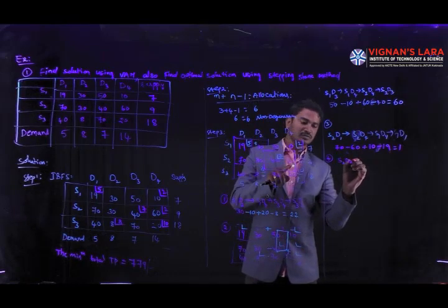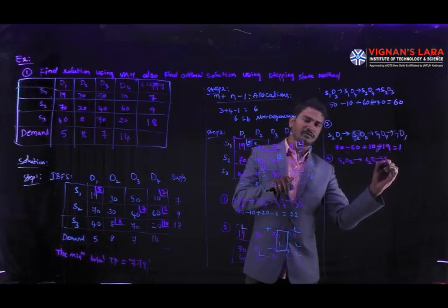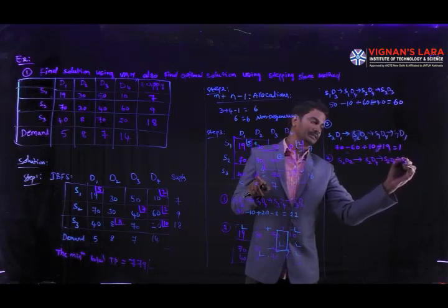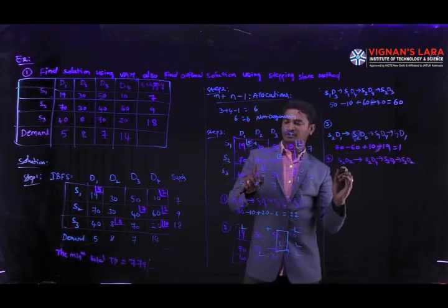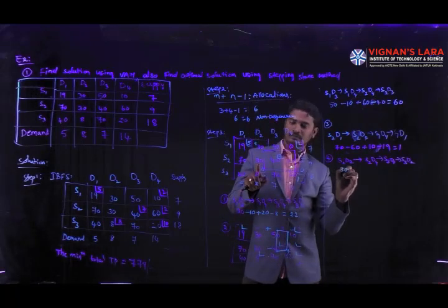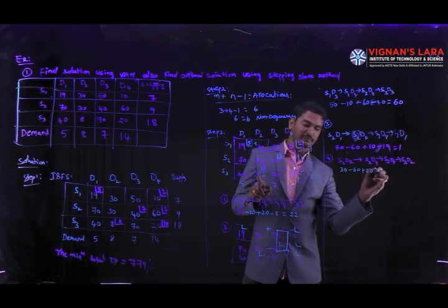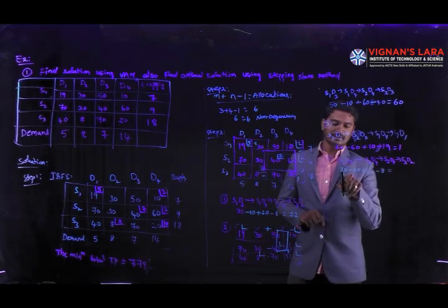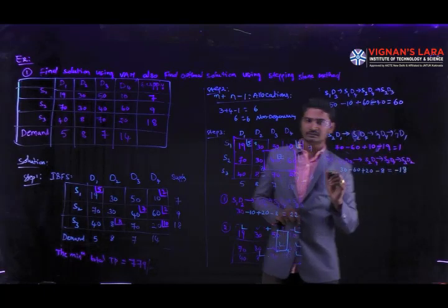Okay, S2 D2, next S2 D4, next S3 D4, next S3 D2. Okay, from this S2 D2 30 minus 60 plus 20 minus 8. Okay, here 50 minus 60 minus 10 minus 8, total is minus 18.